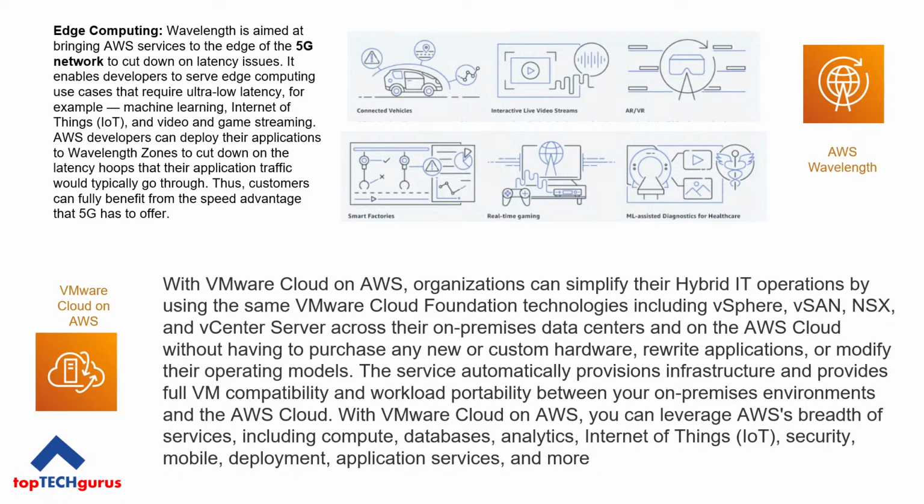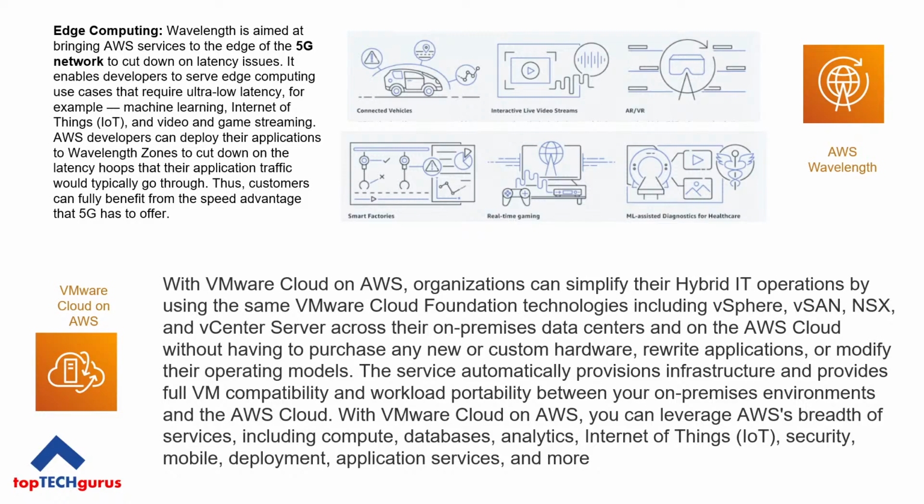The biggest advantage that AWS brings to the table is that their EC2 instances are pretty up to date. They have very good workload capability. So it brings the advantages of VMware and the AWS cloud together.